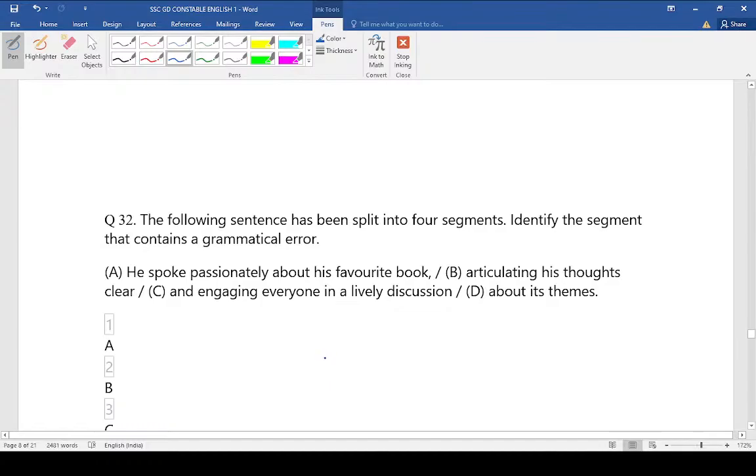When it comes to here, clear represents an adjective. So instead of clear, we have to write clearly. Articulating his thoughts clearly. So it is a grammatical mistake, so that's why answer will be B. It represents the adjective.